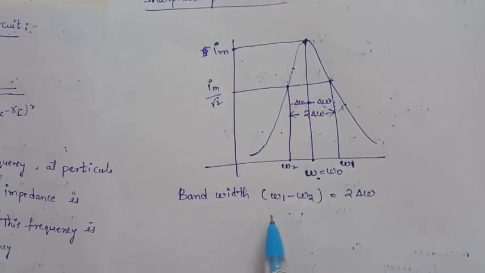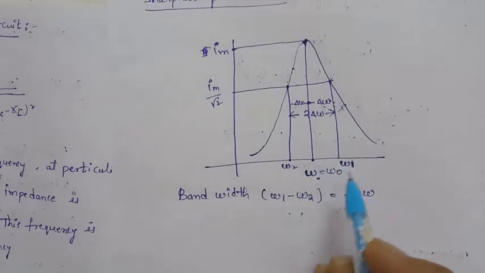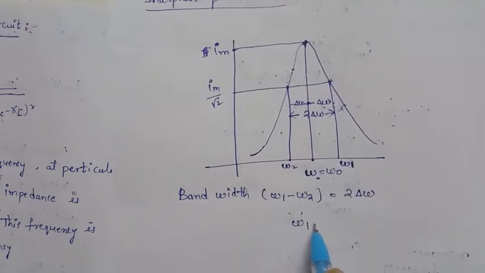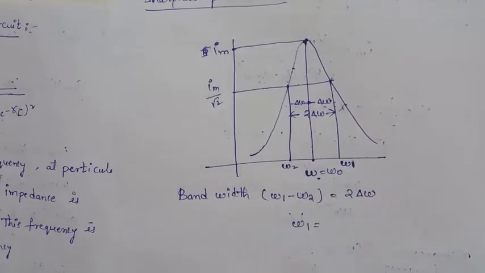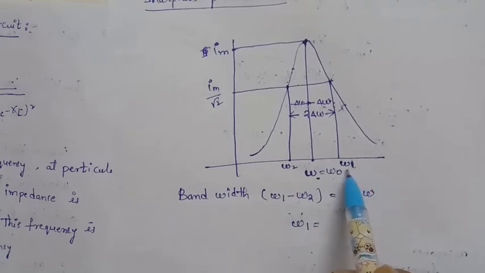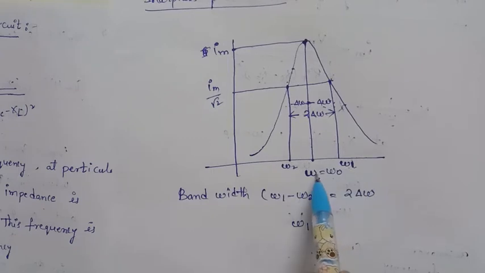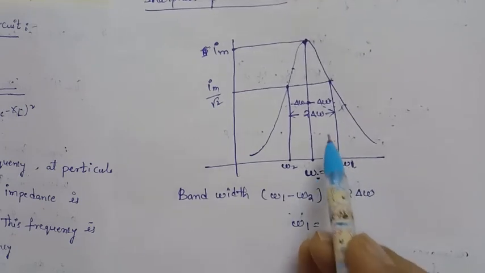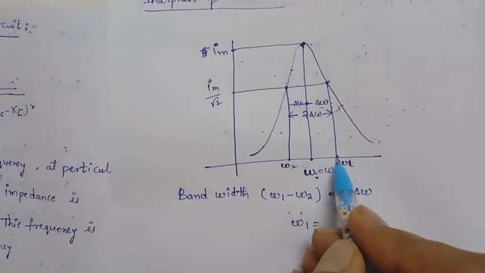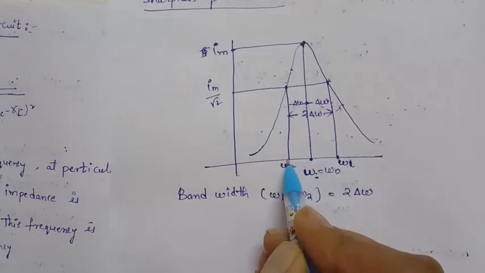And what is omega 1 at that time? Omega 1 is equal to omega naught plus delta W. Here is omega 1, here omega naught, and here omega 2.